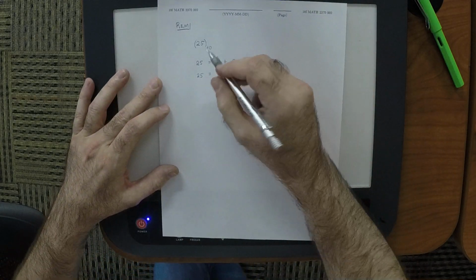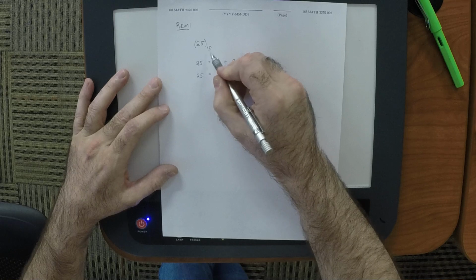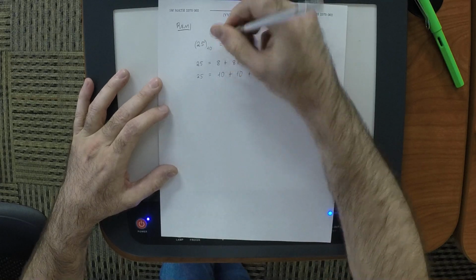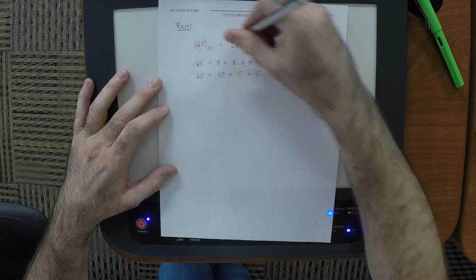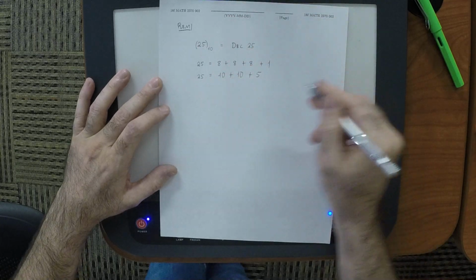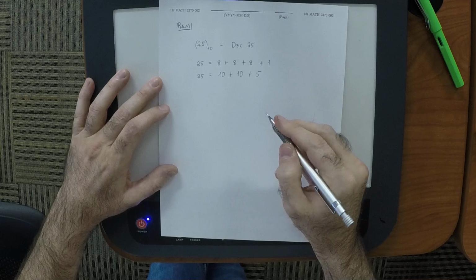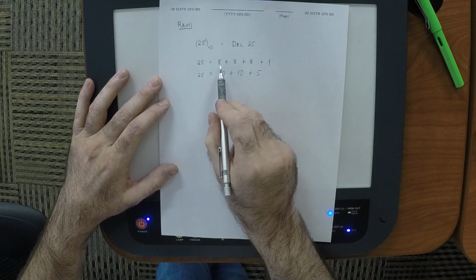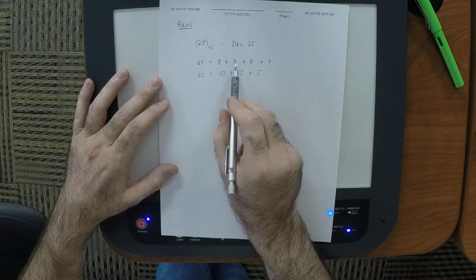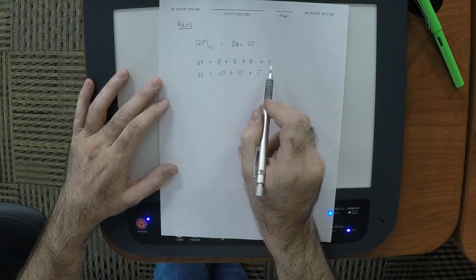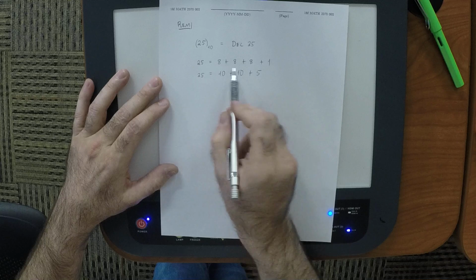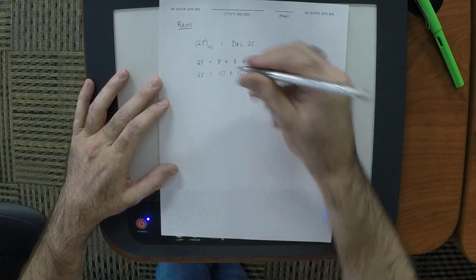Sometimes when you write 25 like this with a subscript 10, that's one style, but another way you can write it is like this, dec 25, which means decimal 25. Because there's 3 eights, in octal you'd say that this is 31, because it's 3 eights and then 1 more.